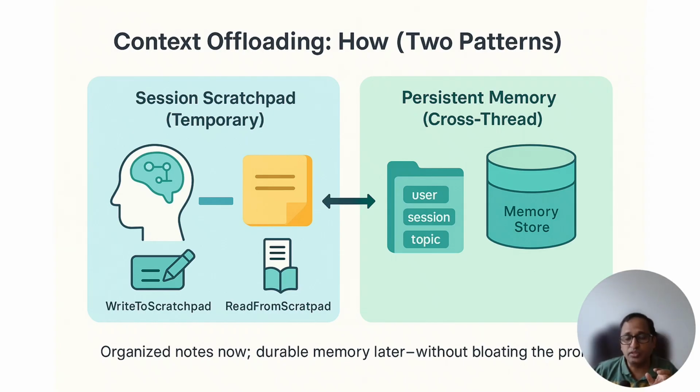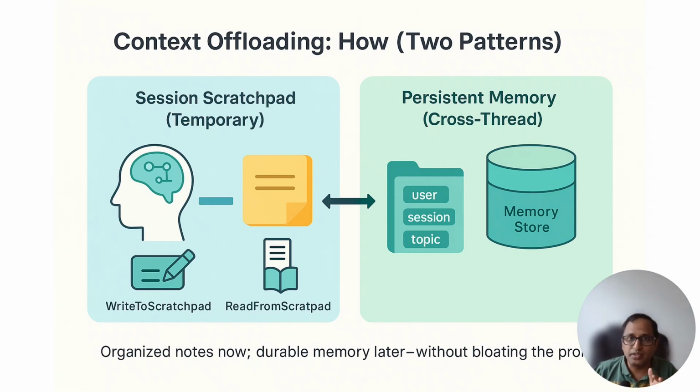So we store items using something like a namespace key like user, session or a topic. We attach metadata like timestamp or some other information. So this pattern gives the agent a durable brain. It can accumulate findings over time, reuse prior research, and personalize responses without bloating the prompt.